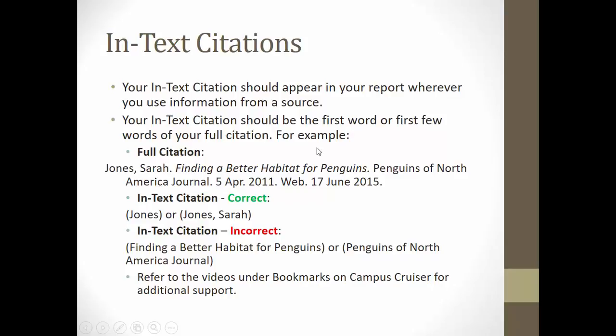Finding a better habitat, whatever the case might be. However your full citation begins, that's what your in-text citation should be. So Jones would be the correct in-text citation for this full citation. And if you have additional questions, please let me know.